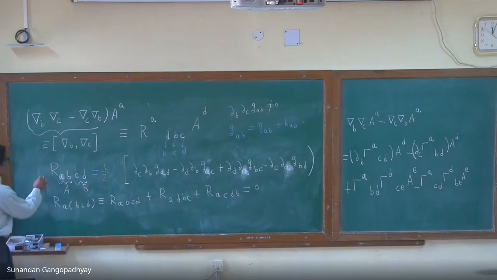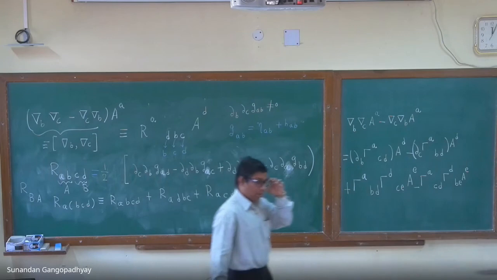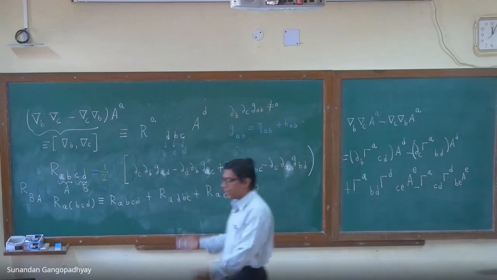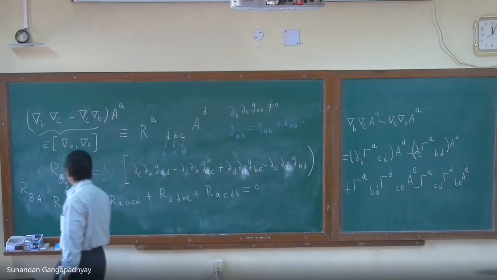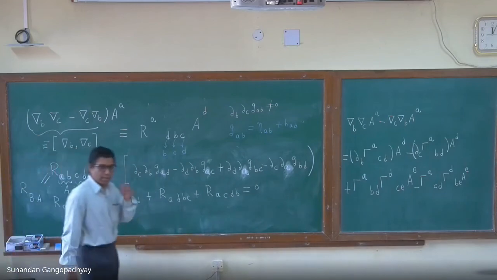And what I can do is I can just calculate this thing, which is R C D A B. So I'm just exchanging the blocks, and if you do that exchange, you will see that this is equal to this. It's symmetric under block exchange.